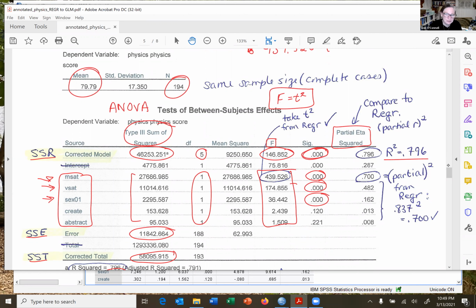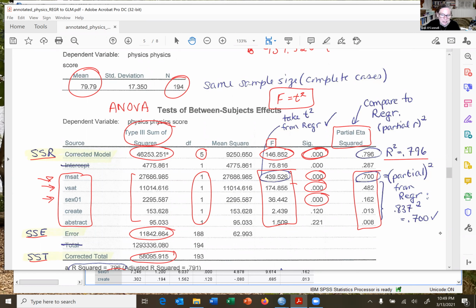The other piece we can see here is the partial eta squared for each of our predictors. We have 5 predictors. Now here, the GLM procedure is giving us that partial eta squared exactly. So it's taking the partial correlation that we know about from regression and squaring it. So it's providing an effect size.